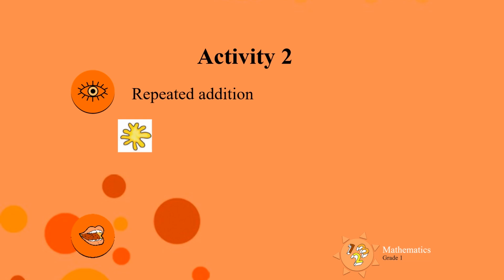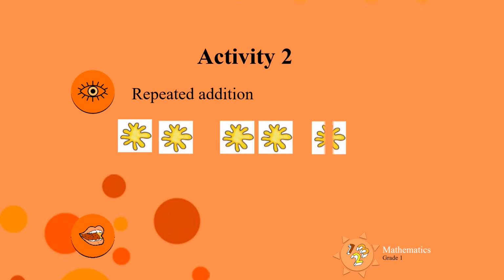Let's see. We've got 1, 2, 3, 4, 5, 6. And the sum says you mustn't say 1 plus 1 plus 1 plus 1 plus 1. You see there in little groups. So the sum is 2 plus 2 plus 2 is equal to 6.